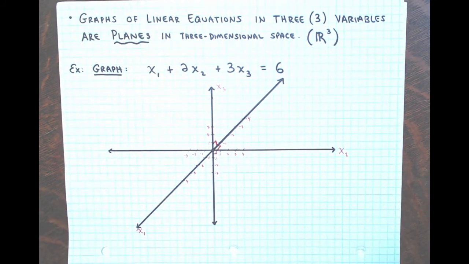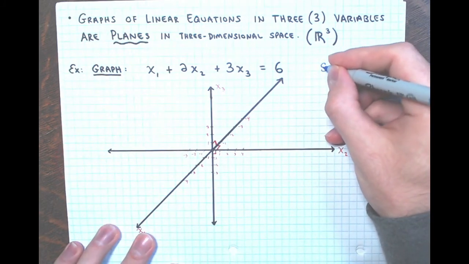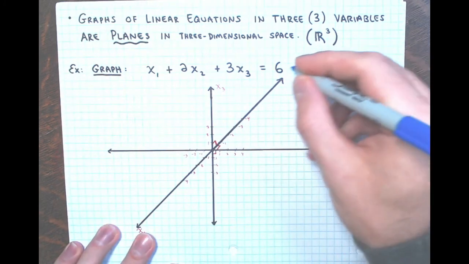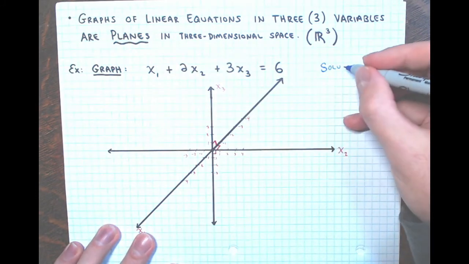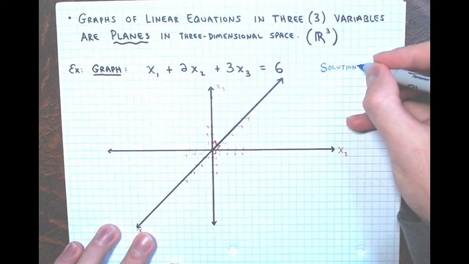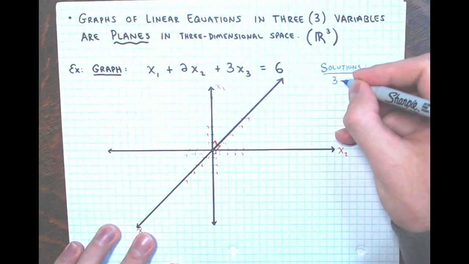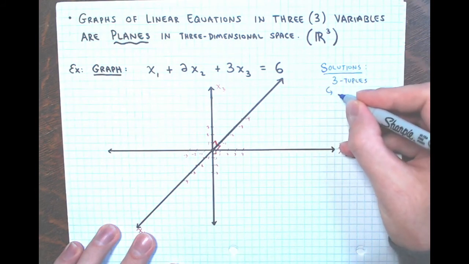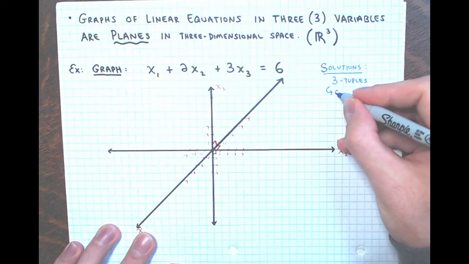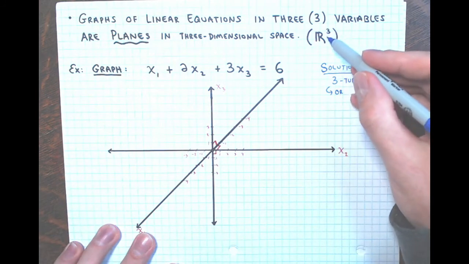So this time, the solutions of this equation are going to be 3-tuples. Another way to say that would be an ordered triple. You had ordered pairs for two-dimensional space, for R2. Now we're in R3.